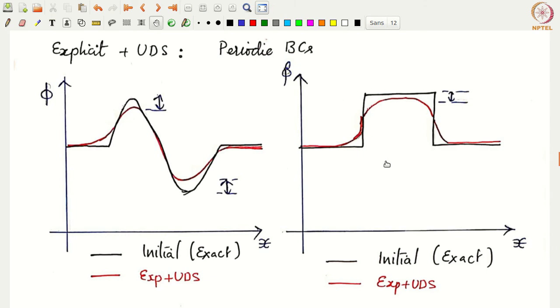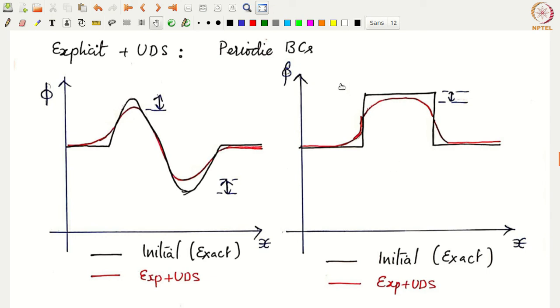Okay. Now one question here is that we have solved it, let's say, for one period of revolution. Now let's say if we keep doing this with explicit UDS for, let's say, few hundreds of cycles, what will happen to this peak? Would it be the same, or would it reduce?